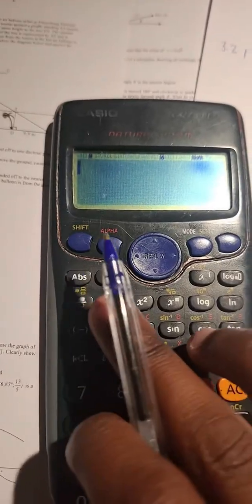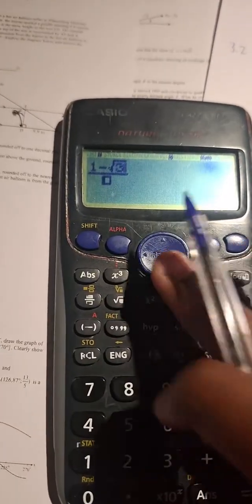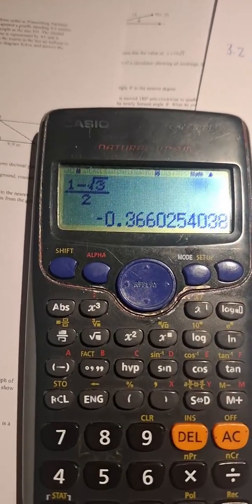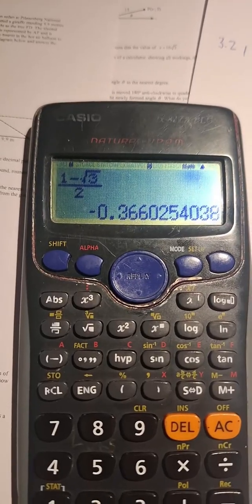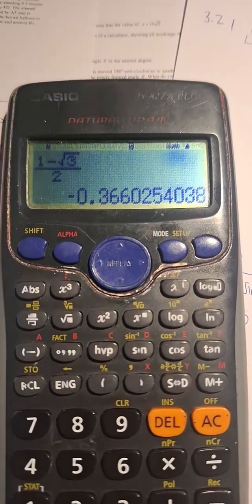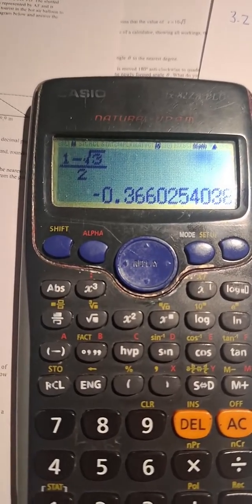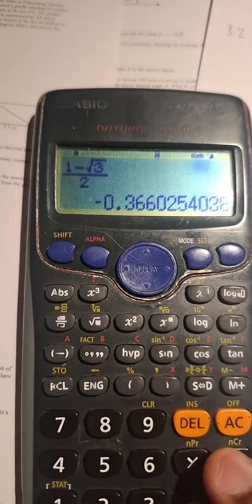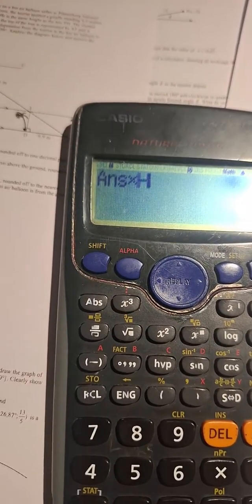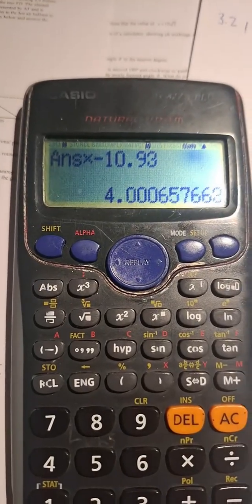Okay, 1 minus root 3 over 2. Okay, that's fine. Oh, we multiply that by, not comma, we multiply it first by negative 10,93. So we take this, we multiply it by negative 10,93, which will give us a positive answer.